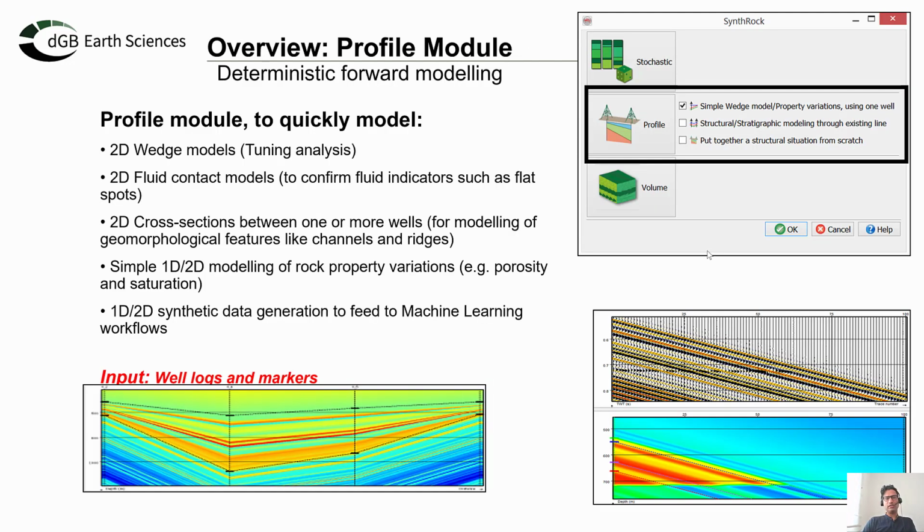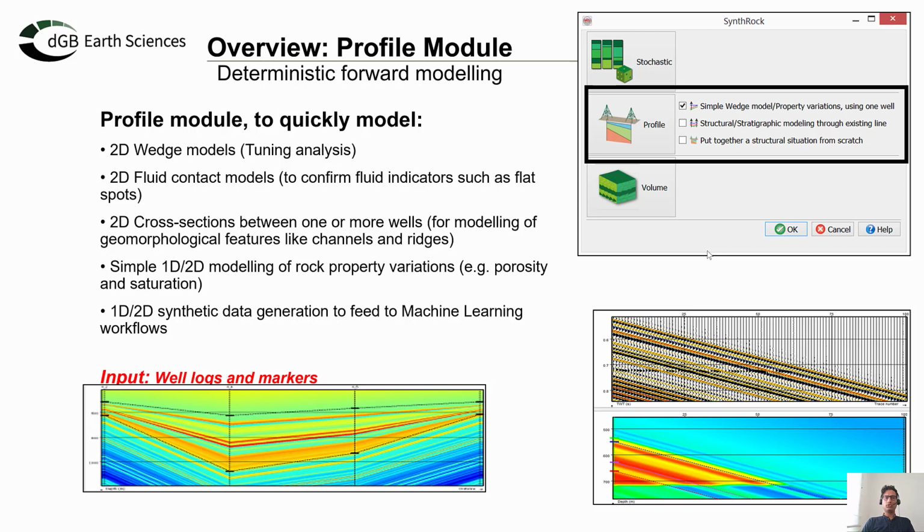So as I mentioned earlier, the profile module is a deterministic forward modeling package, which works with the available well logs and markers, and it allows you to create standard two-dimensional wedge models, forward models of fluid contacts to simulate fluid indicators.